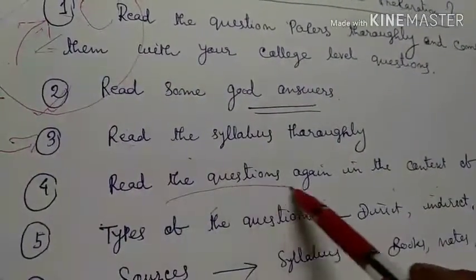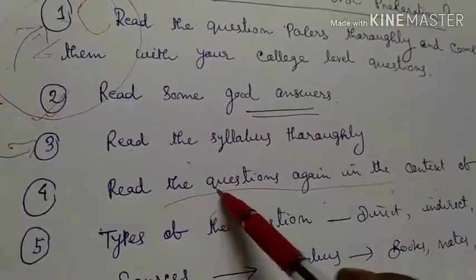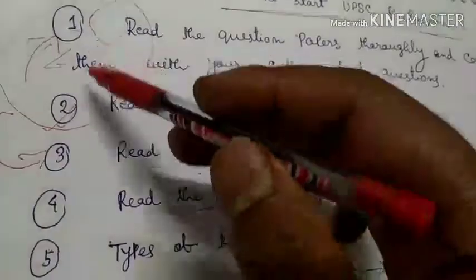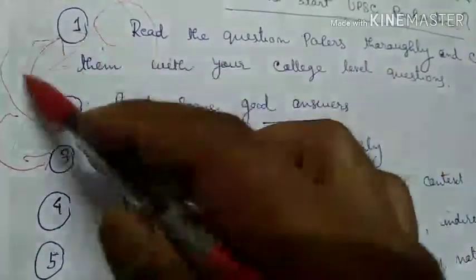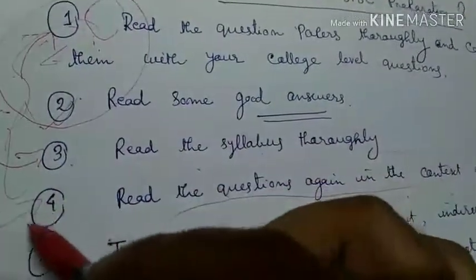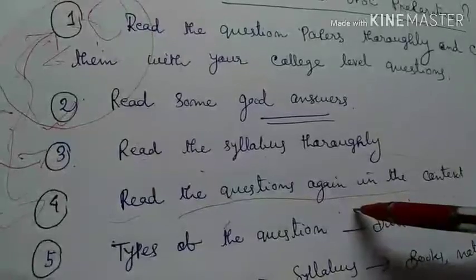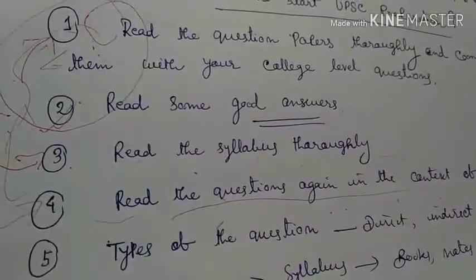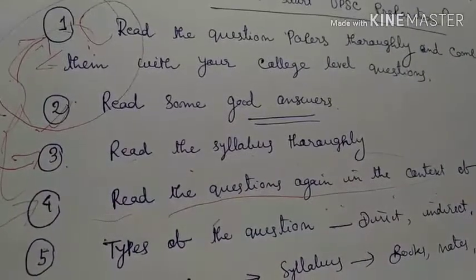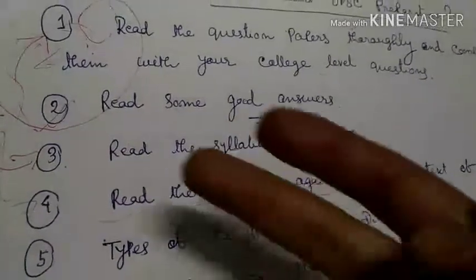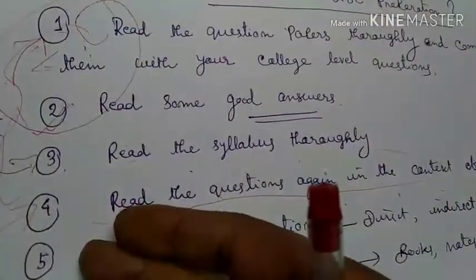Once you have done this fourth step, any doubt which has come from the first three steps will be cleared. You read the questions, you read the answers, you read the syllabus. Now it is your duty to compare the three steps with the fourth.